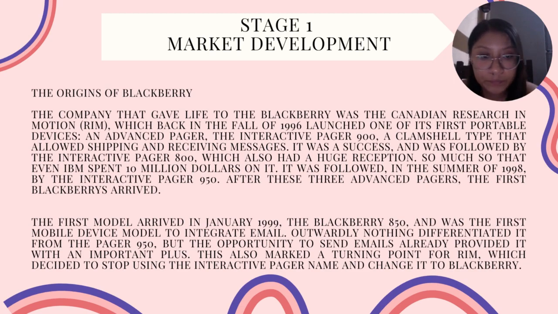Outwardly nothing differentiated it from the Pager 950, but the opportunity to send emails already provided it with an important plus. This also marked a turning point for RIM, which decided to stop using the Interactive Pager name and change to BlackBerry.